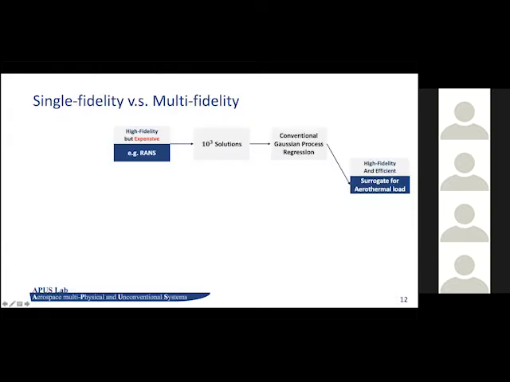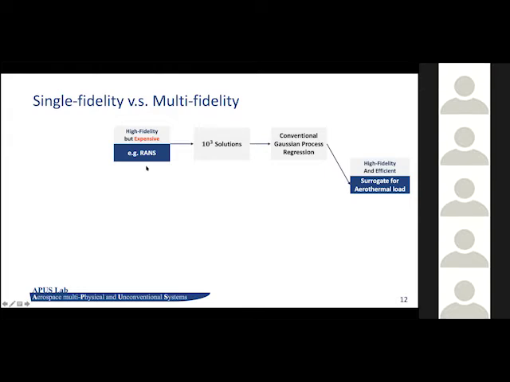But this comes to an issue: conventionally we mainly use Gaussian process regression to build the surrogate for the FTSI analysis, where each of these samples is, for example, a RANS solution. And typically we require maybe 1,000 solutions to build a converged ROM.